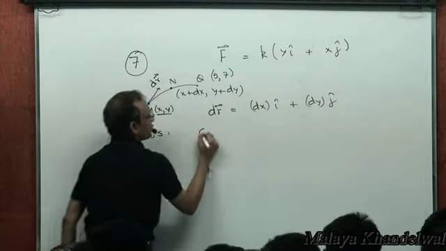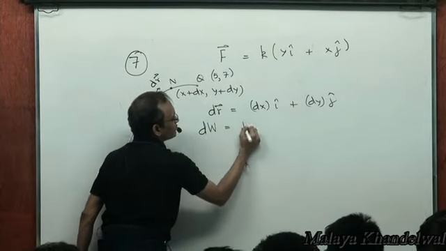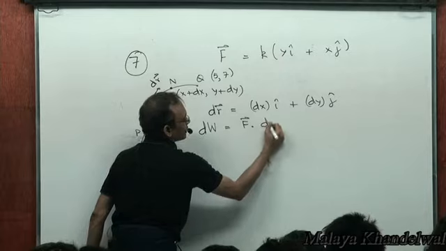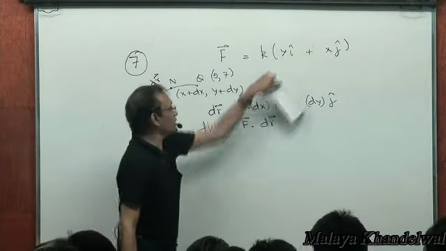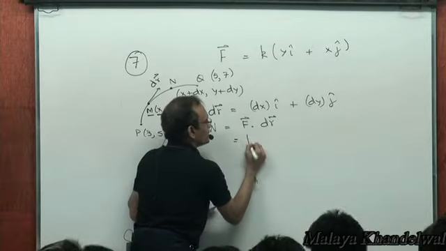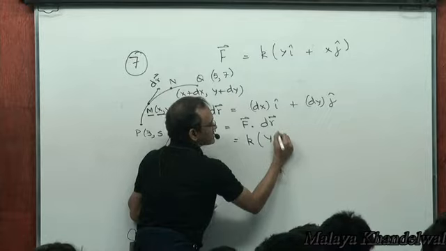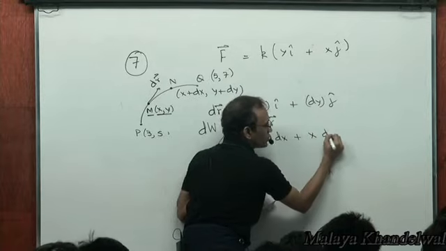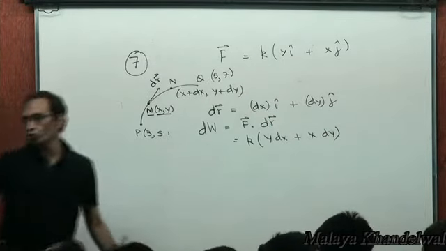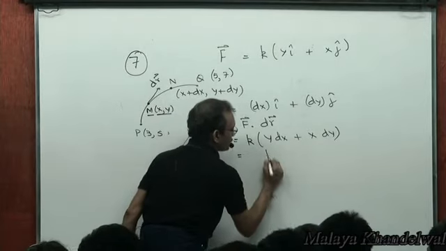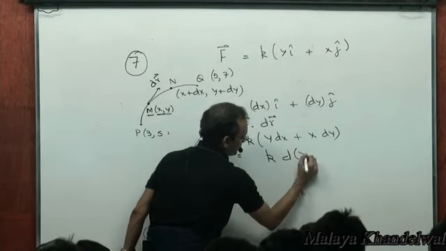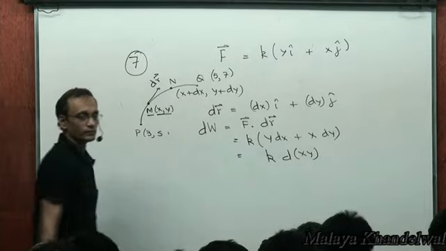The work done by this force is going to be F dot dr. Yes or no? And if I took the dot product, it's going to be k(y dx plus x dy), the work done to go from M to N. So this, if you realize, is going to be d of xy.